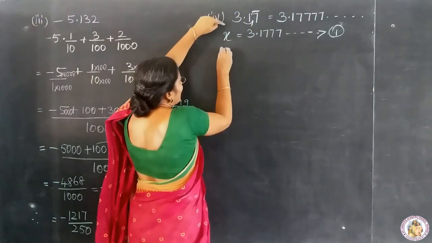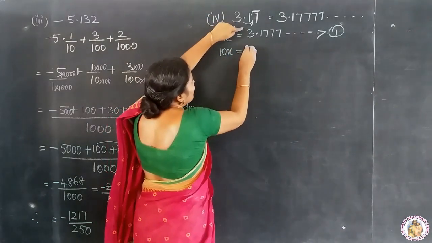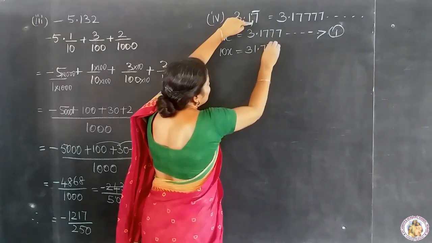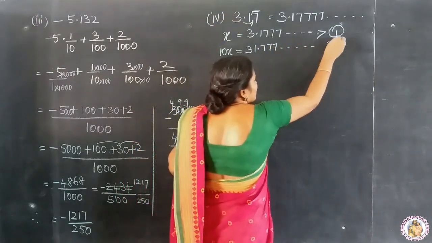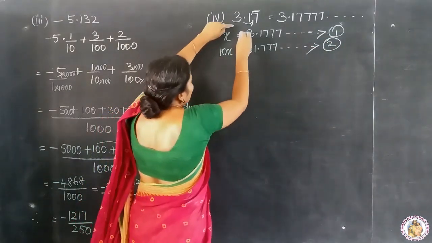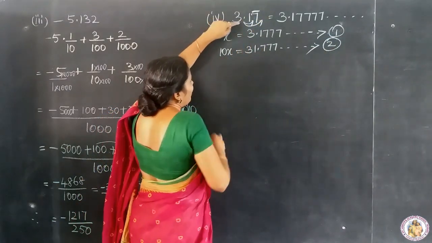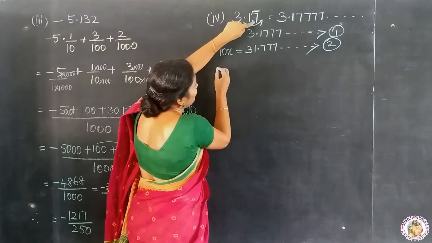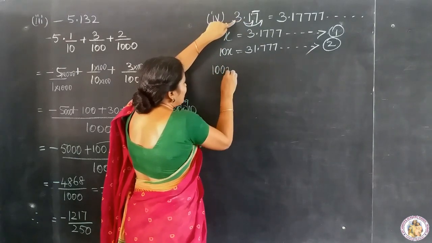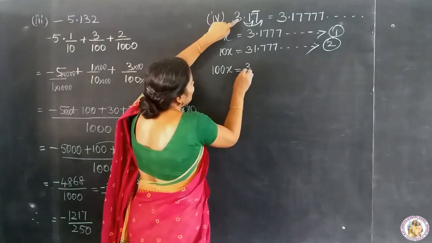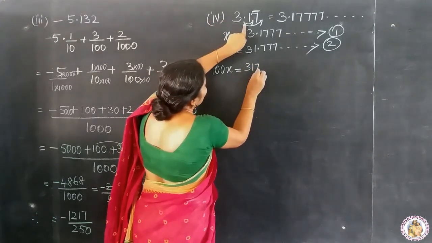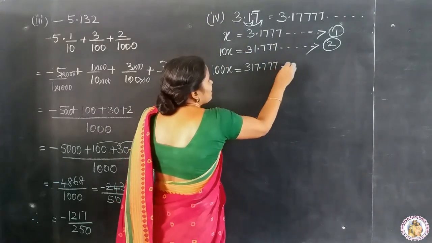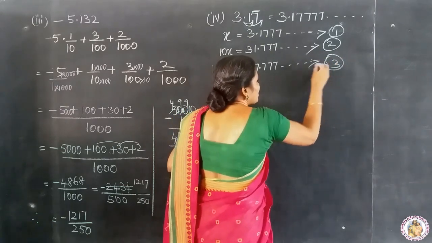Take one place as 10 into x is equal to 31.77 as the second equation. Again, take after 2 decimal places because 7 is repeated. So 100 into x is equal to 317.77, taking this as equation number 3.